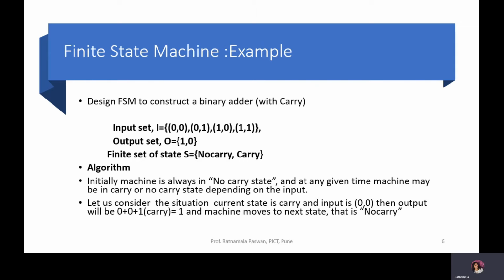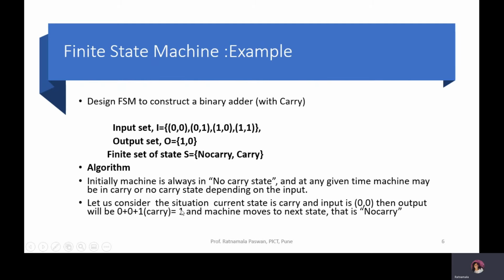Since the current state is carry, we need to consider one as a third input for this machine. The first two bits are from the input only, 0 comma 0. Why are we adding one more input, that is 1? Because the machine is in carry state. So the addition will happen like this: 0 plus 0 plus 1, adding all three bits.